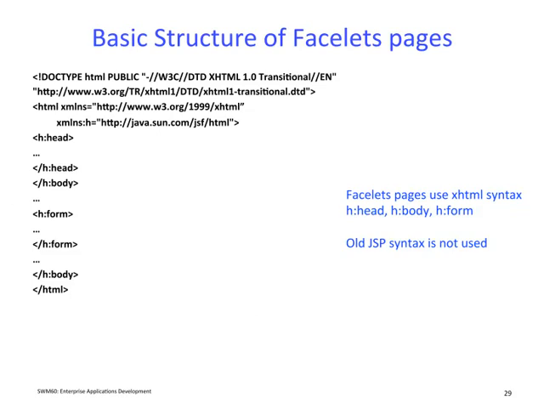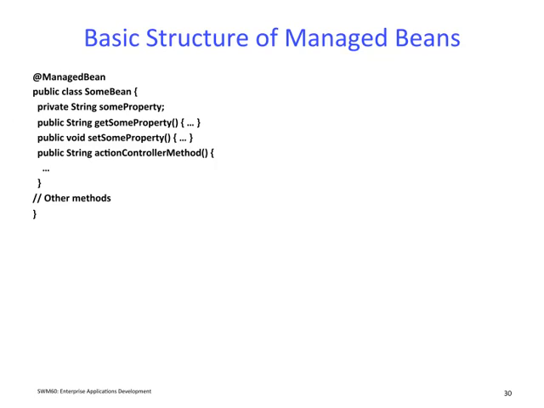Then the body, and within the body you can put a form, some elements within the form, close the body, and close the HTML tag. So this is the structure of a facelet that we normally have when we create it.